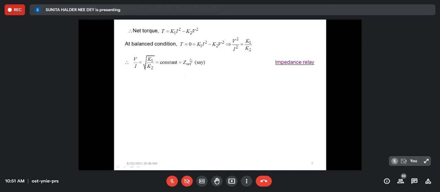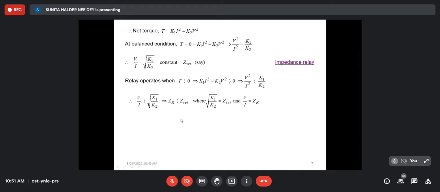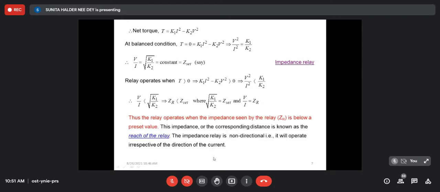So from there we can set the relay. Then it will not sense the condition as a fault when it is equal to Z set, and when it goes below the Z set, then it will sense it as a fault. And the relay will obviously operate when the torque is 0, so ZR is less than Z set. Thus, the relay operates when the impedance seen by the relay is below the preset value.